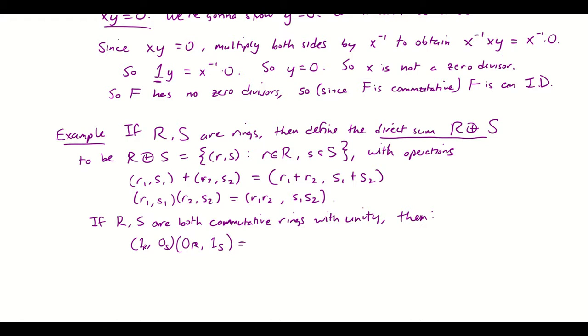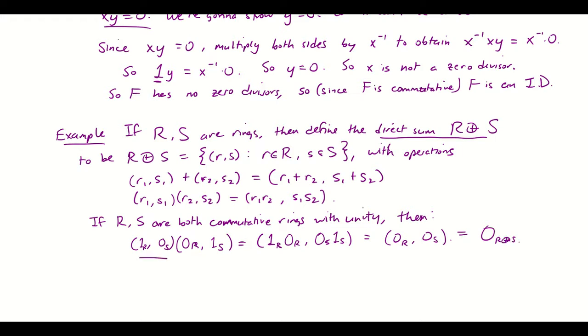Well, in the R coordinate, I get 1_R, the multiplicative identity from R, times 0 from R. And in the S coordinate, I get 0 from S times 1 from S. And that gives me (0_R, 0_S), which is equal to the 0 element of R plus S.